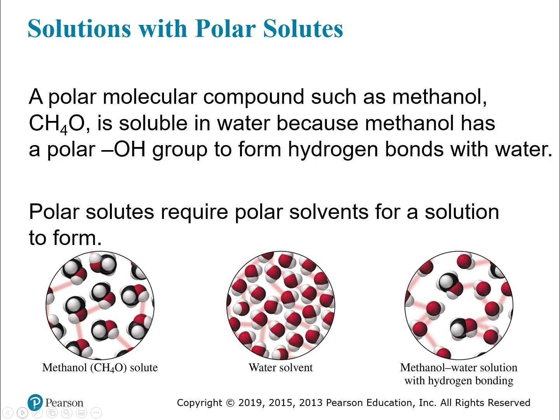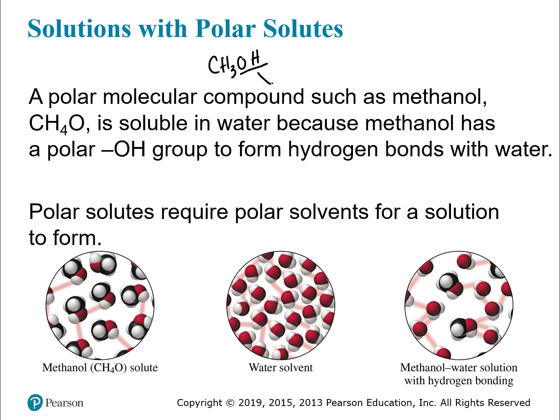With solutions with polar solutes, for example, methanol, which is an alcohol, it's soluble in water because it has a polar OH group. So the way that I like to write methanol is like this. And I know we did that before in a chapter, and y'all were like, is that the same thing?